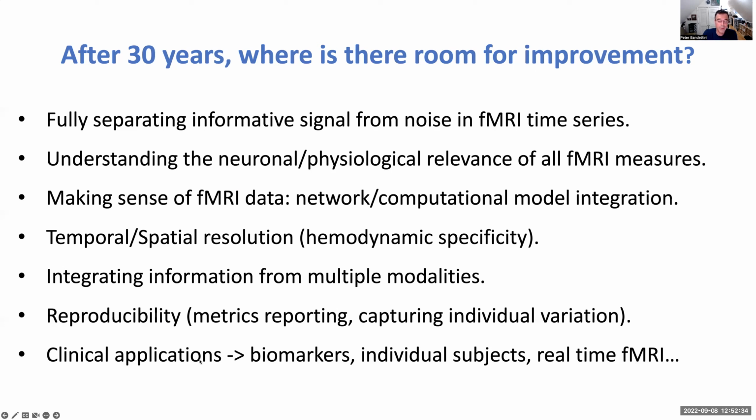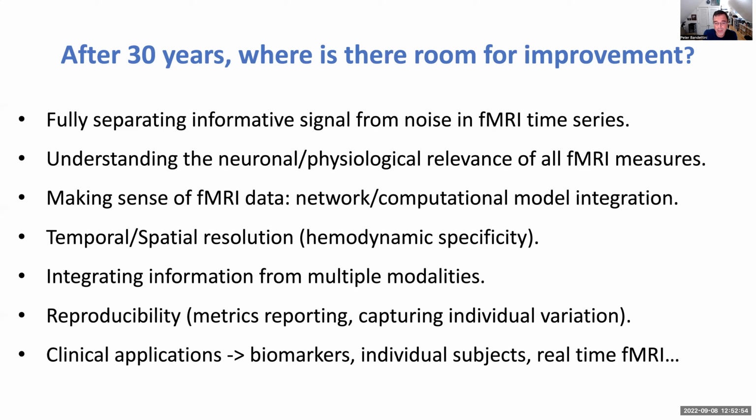And then finally, clinical applications. The holy grail of fMRI is to develop biomarkers for psychiatric disorders, to be able to say, oh, this person will respond well to this sort of treatment or drug, or this person has this type of schizophrenia.